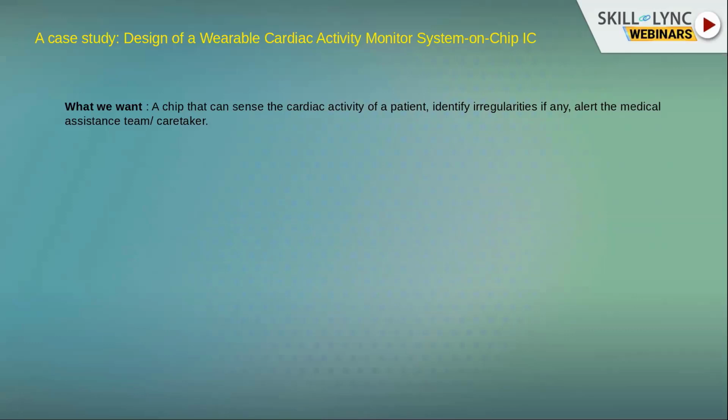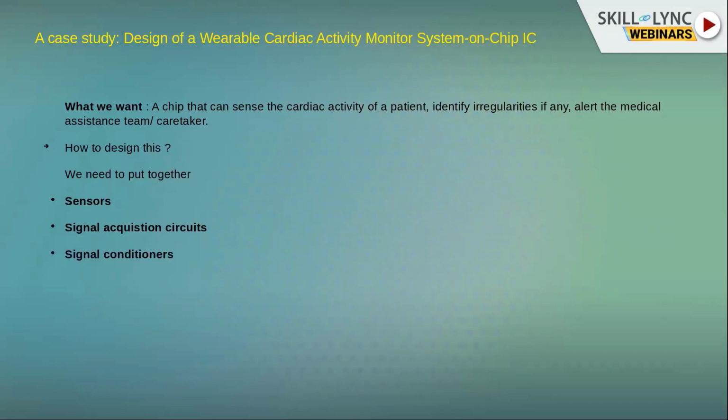So in that case, what we basically need is a sensor to sense the cardiac activity, and we need the signal acquisition circuit, so that whatever signal you're receiving is conditioned and processed so that it makes sense for the other end of the reception.